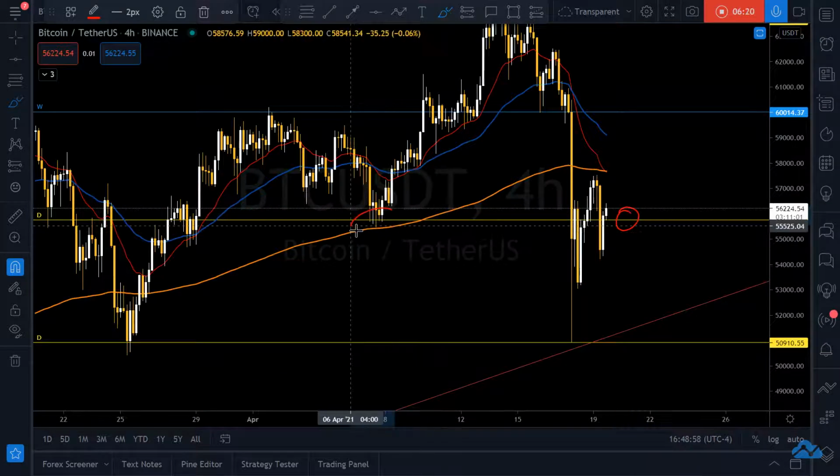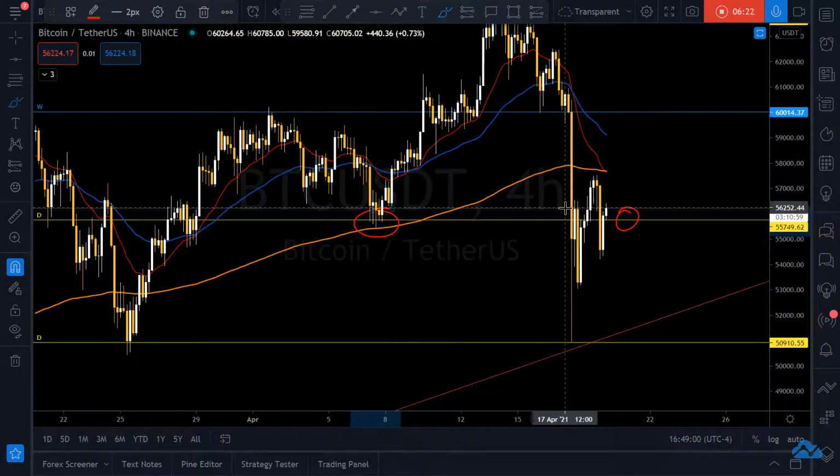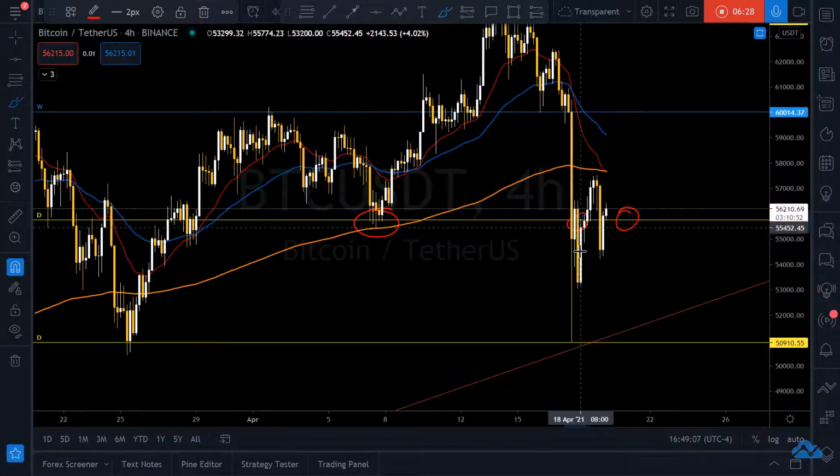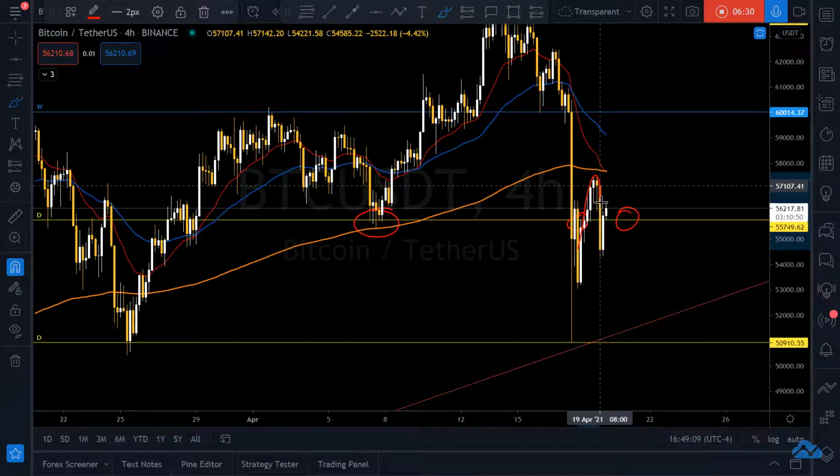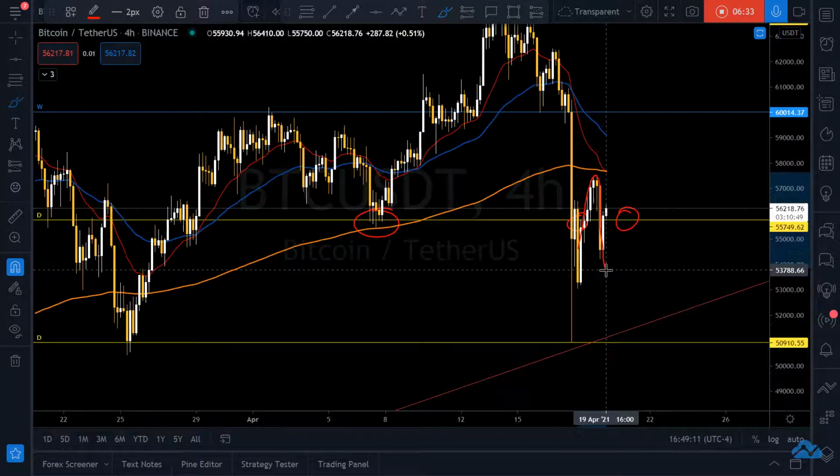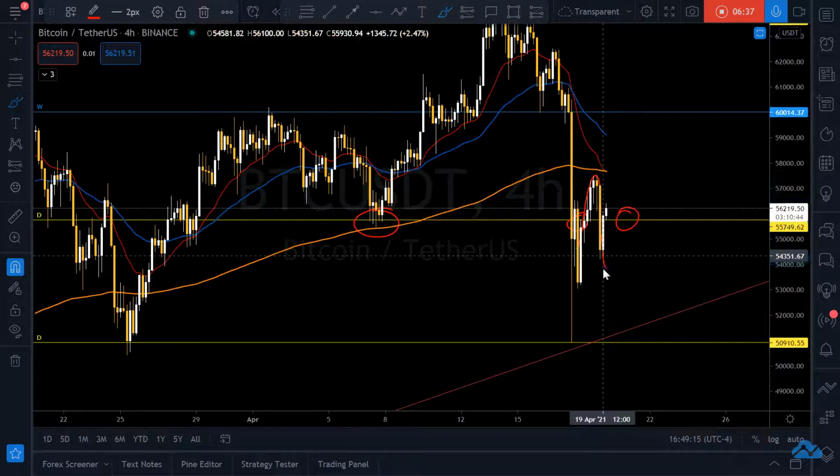You see how it was support here. It broke through support, came back, tested it as resistance, broke through it, came back through that support, and now you see how it tested it as resistance, and now we have broken through.